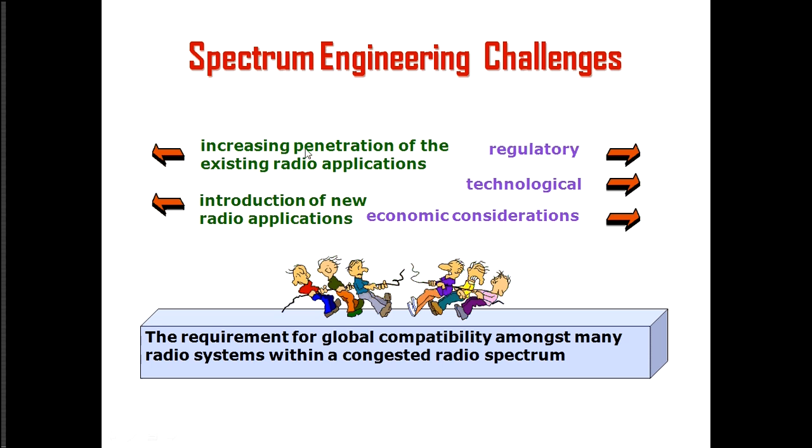So there's a problem that we don't have new spectrum allocations for new systems, and so regulatory and technological solutions have to come in to let these systems use the existing bands.